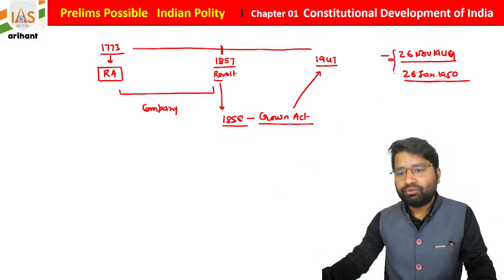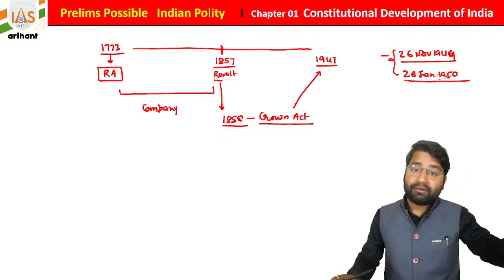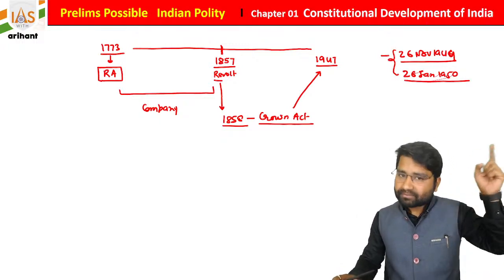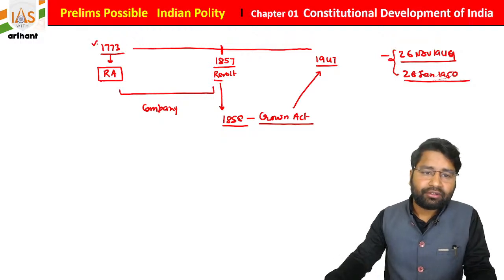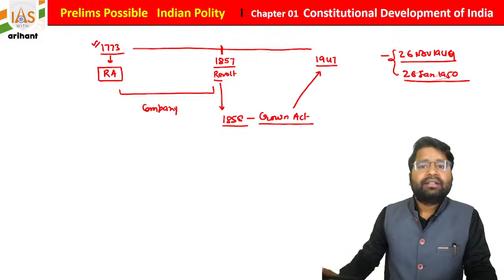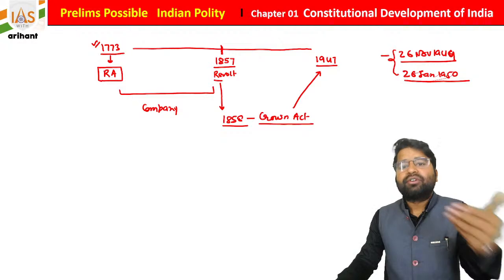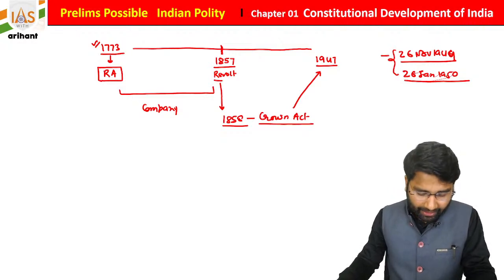So these two dates are very, very important. We adopted our constitution, but our constitutional framework started from these acts, as the British ruled over India. So we will take many points, and we need to see how this constitutional development started. I hope you all are able to understand.